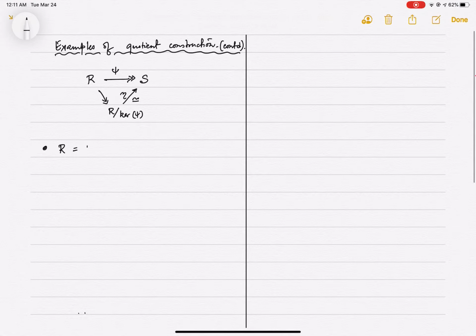R equal to the two-variable polynomial ring. Polynomials in two variables x and y with real coefficients, let's say. So you can think of these as the set of all polynomial functions on the plane R2, real valued.